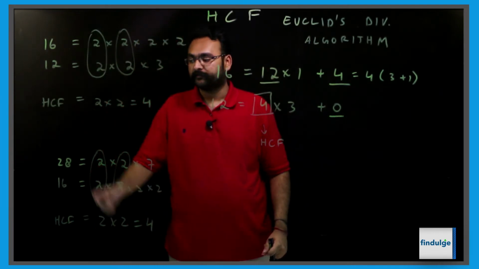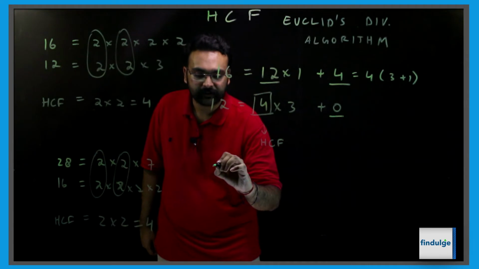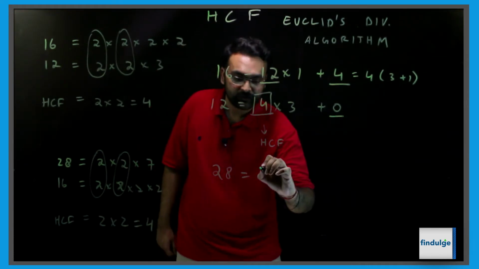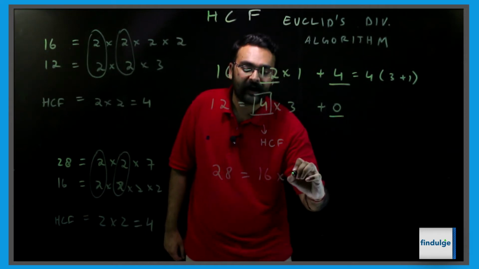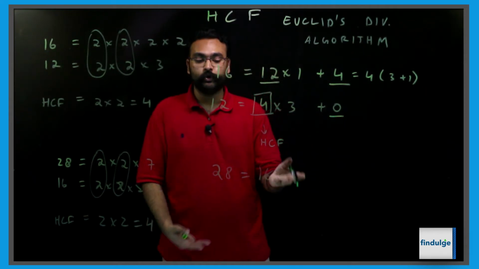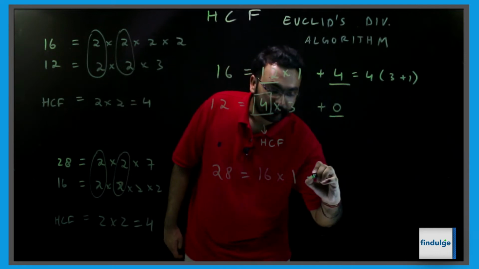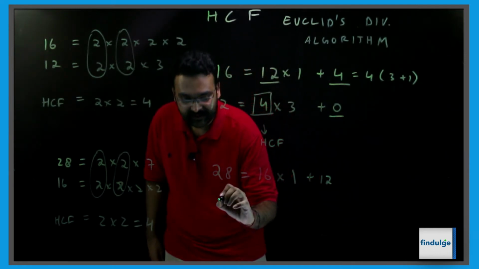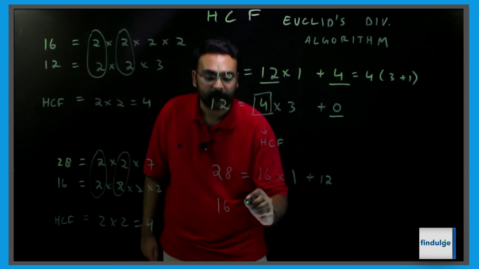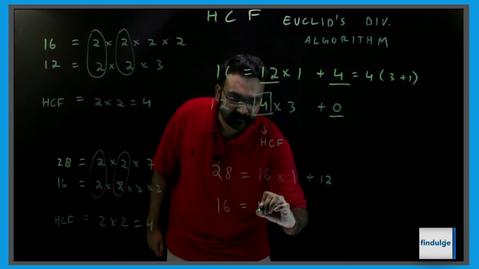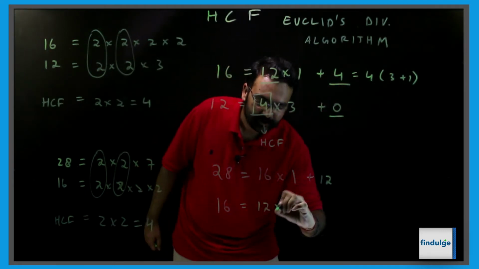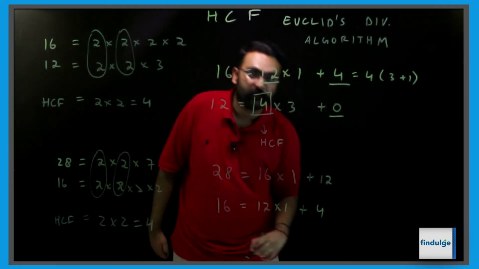Euclid's division algorithm. The bigger number is 28. 28 is equal to 16 multiplied by 1, plus 12. The remainder is not 0. Now 16 with 12 as B: 16 is equal to 12 into 1 plus 4.